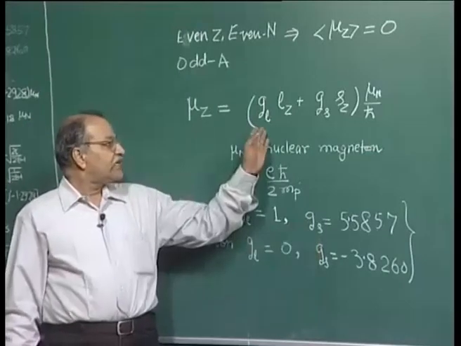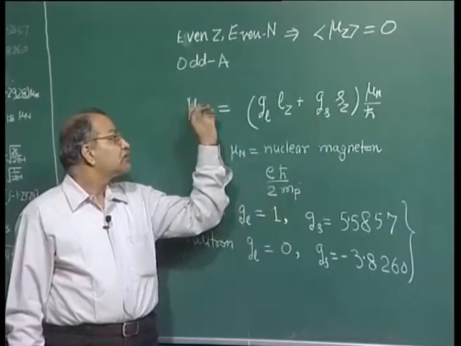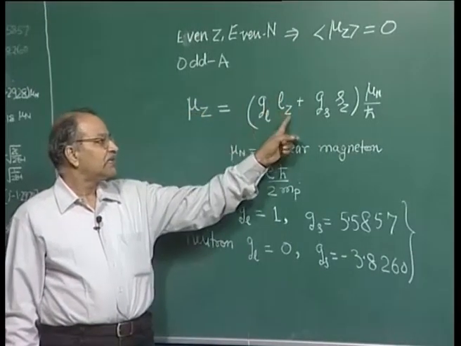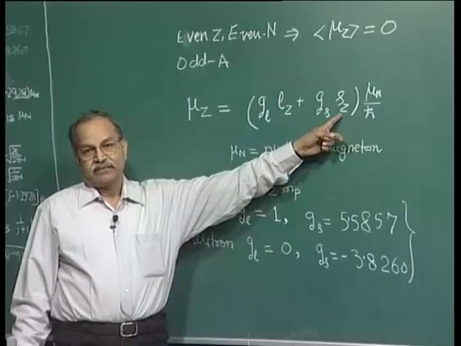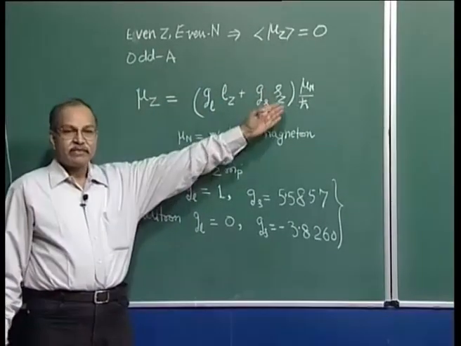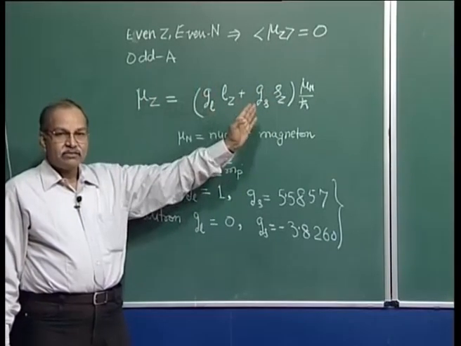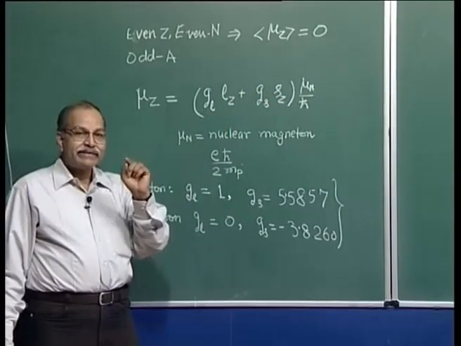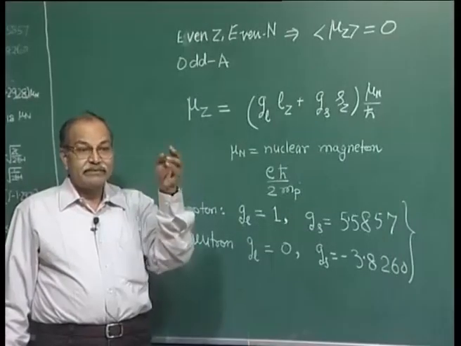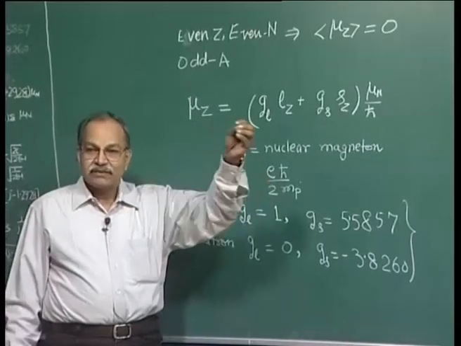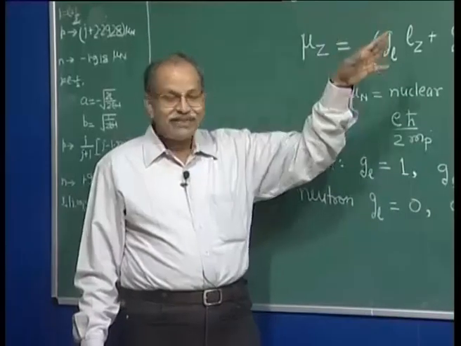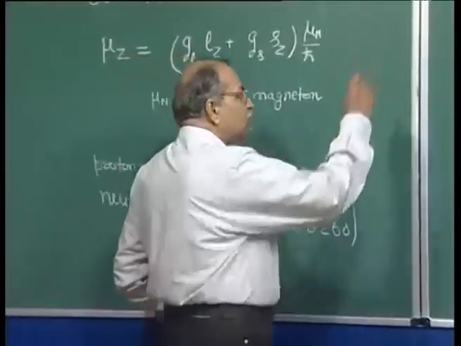Now, these values we can put here to calculate the Z component of the magnetic moment, but the problem comes with Lz and Sz. Because for that last nucleon for which we are trying to calculate this, L and S have coupled to J. It is in whatever d5/2 or p3/2 or g or whatever.